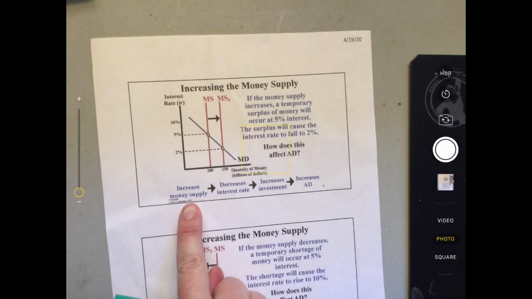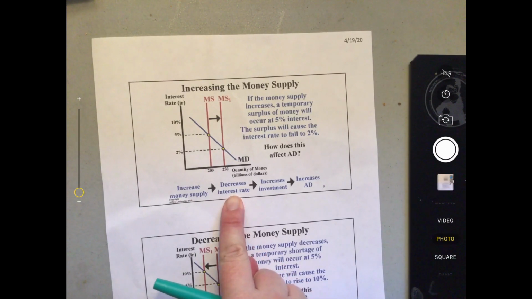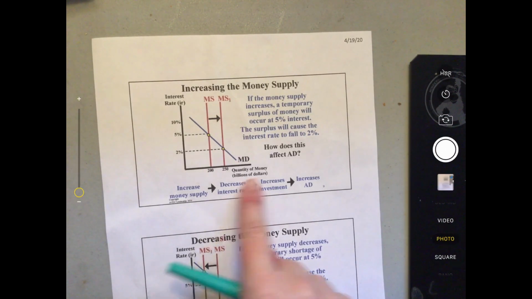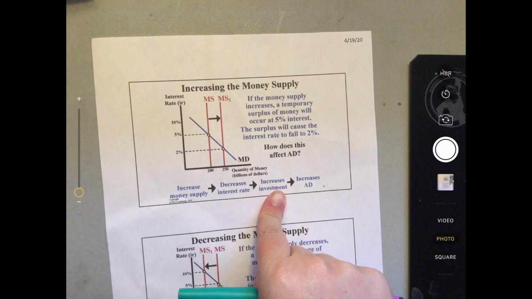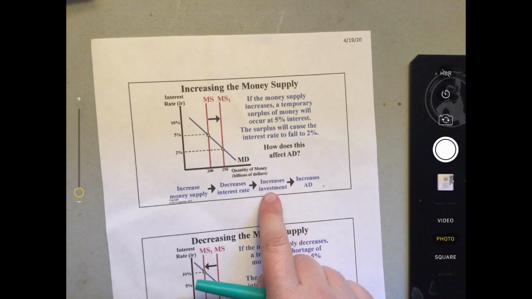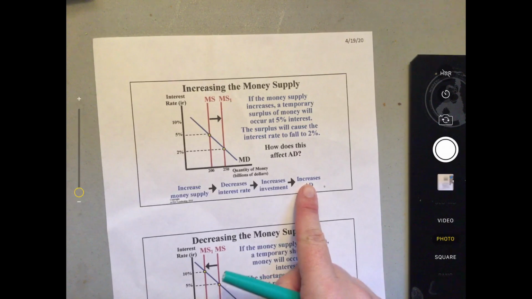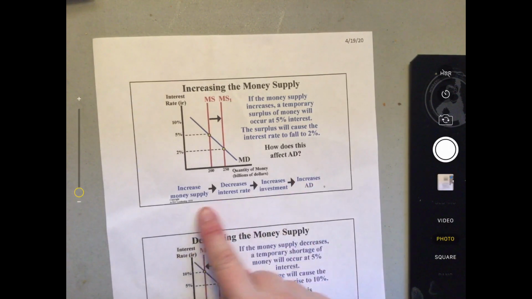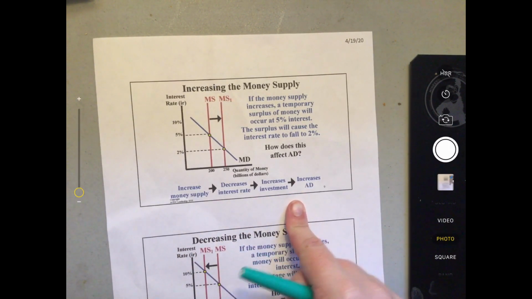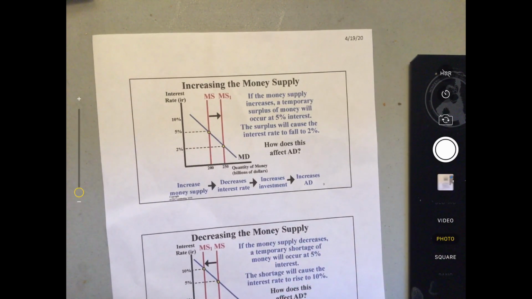A decrease in interest rate leads to businesses wanting to invest more in their business. So this increases investment, which then increases aggregate demand. This order of events in monetary policy is very important to know. We're going to be drawing graphs for them, but that will be during 4.6.